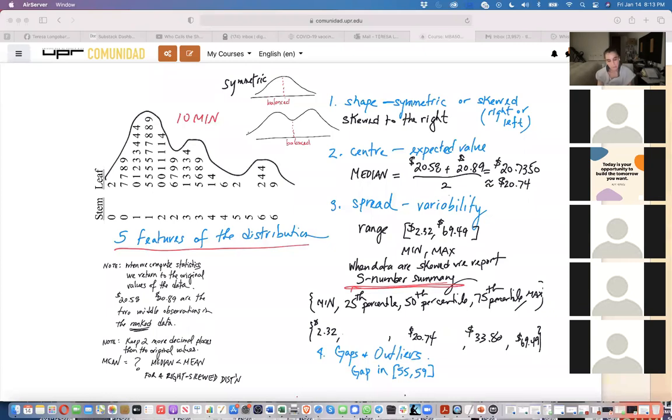So the question is, is it part of the rest? Does it explain something, or is it significantly outside so that it explains something new or interesting? There's a formal definition in statistics of what an outlier is, and we're going to use that to test these extreme values to see if they're outliers.